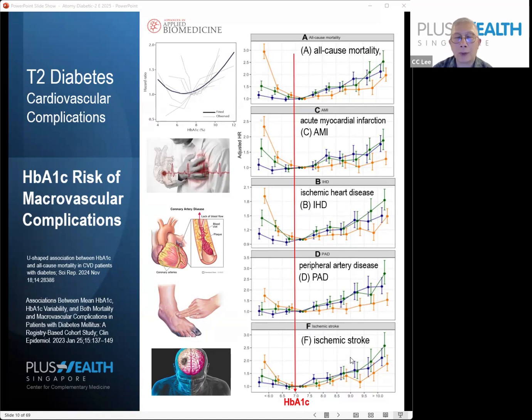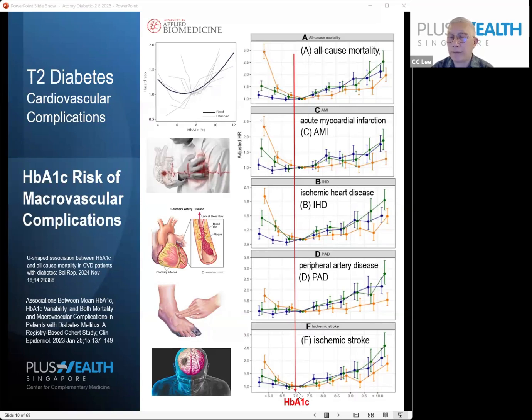But one thing I want everybody to notice is that there is also a U-shaped relationship between all these diseases. What it means is that having an optimal glucose level is important. That is the point where you have the minimum cardiovascular risk.